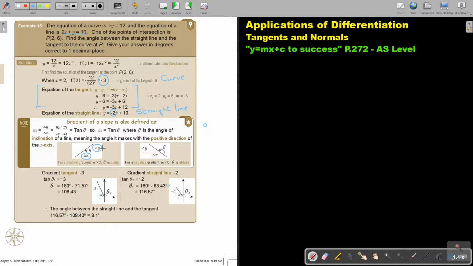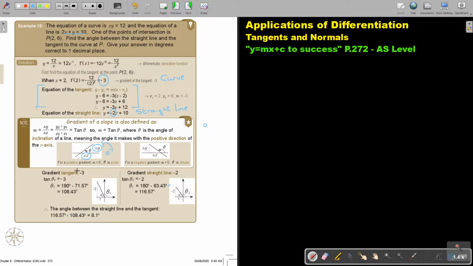So it's actually the difference in y over the difference in x. So bring in your trigonometry knowledge. Theta is the angle that the line makes with the positive direction of the x-axis. Remember, in trigonometry, we say this is 0 and this will be positive rotation.